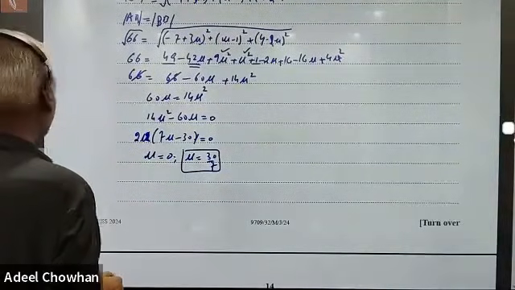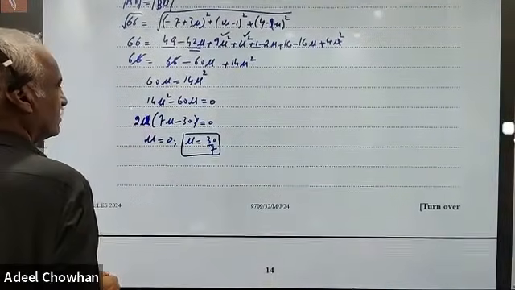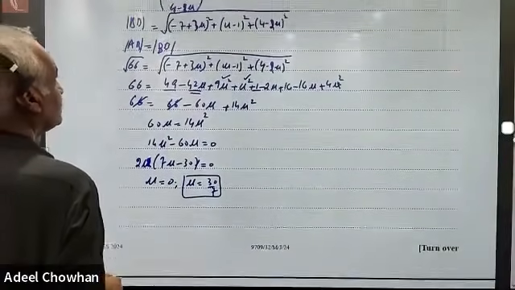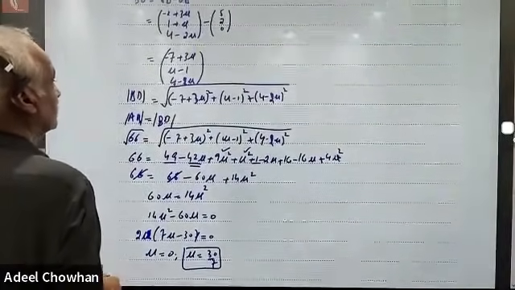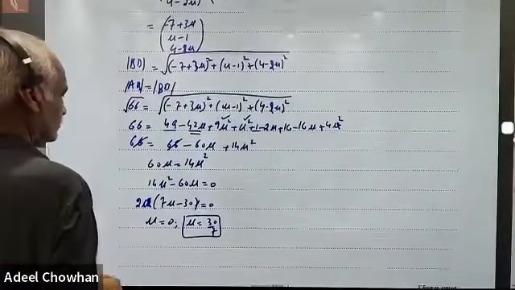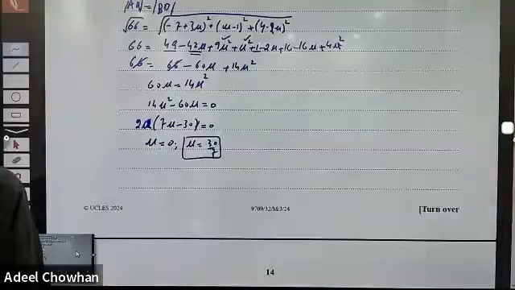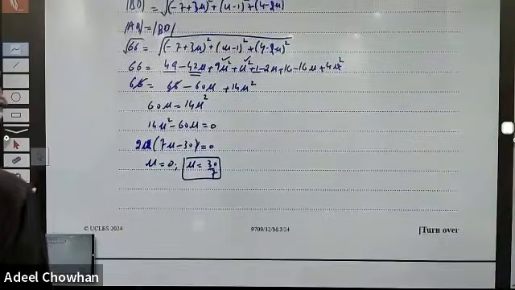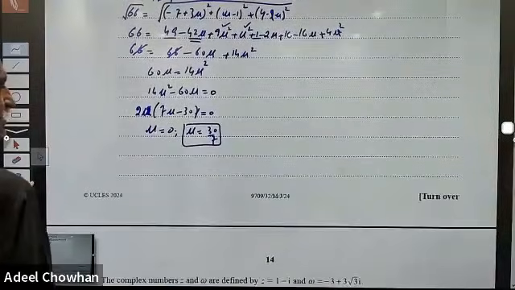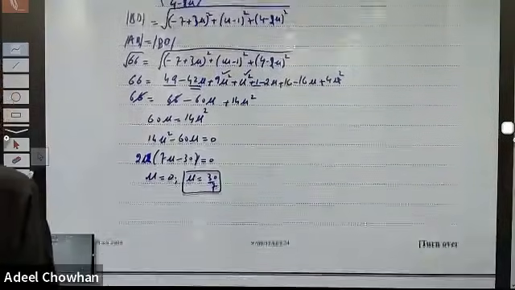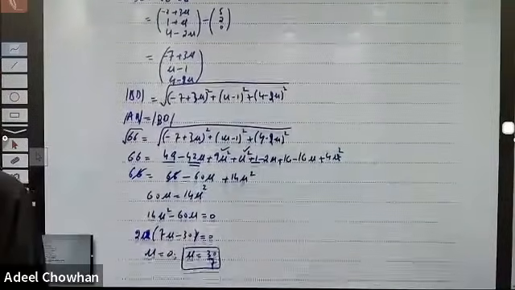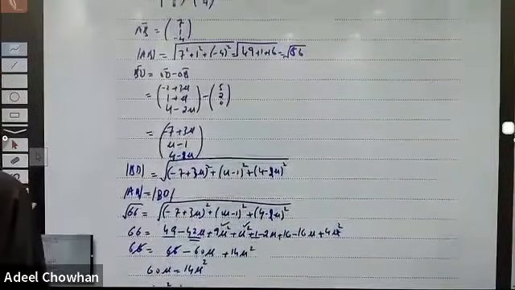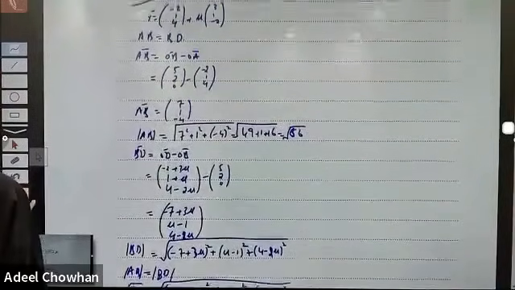If mu is 0, then the same point B will be there, so mu is equal to 30 by 7. Then the value of D is equal to minus 2 plus 3 mu.